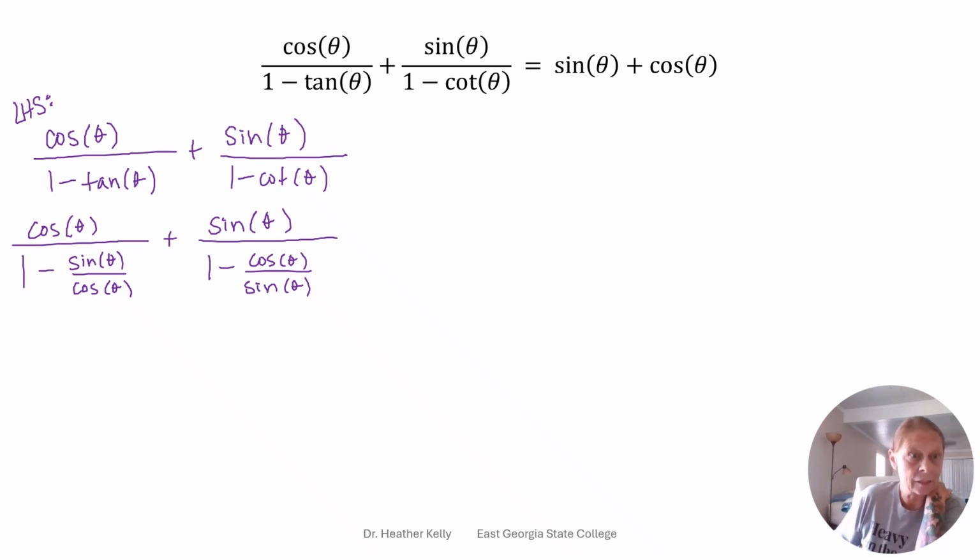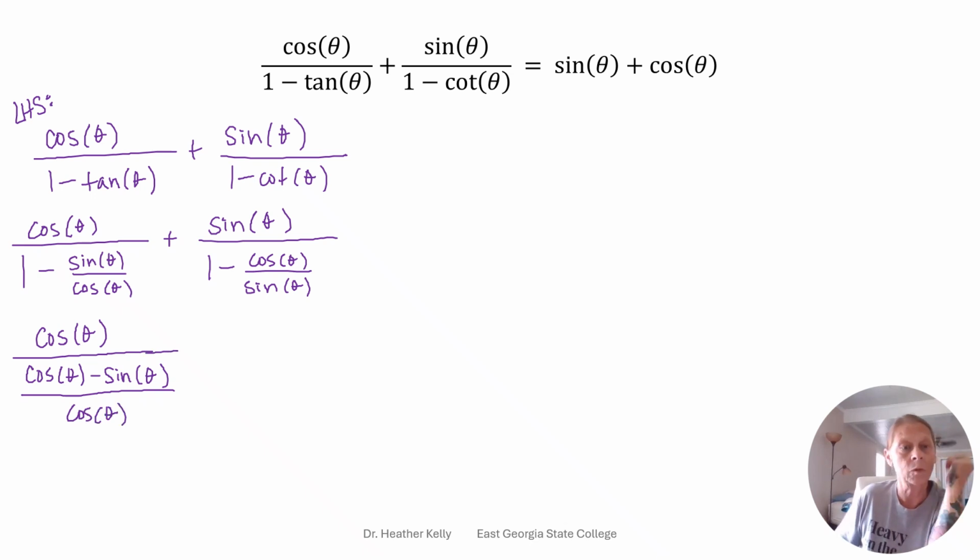Now let's put that denominator together. You're going to get old hat with this, like so old hat. This is cosine theta minus sine theta over cosine theta. That's that denominator cleaned up.